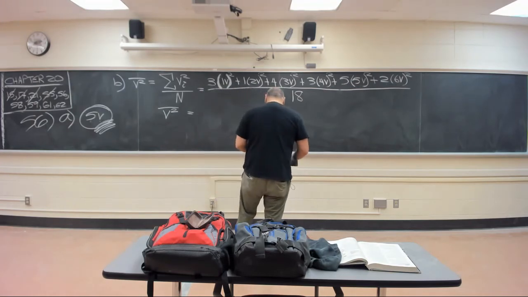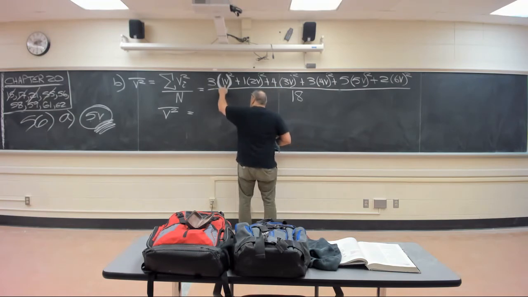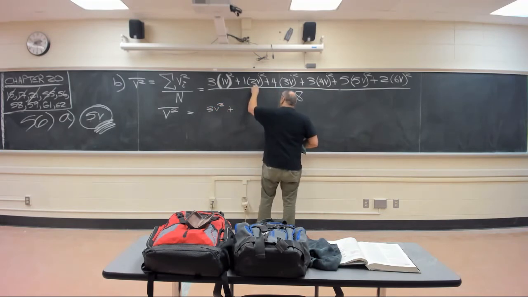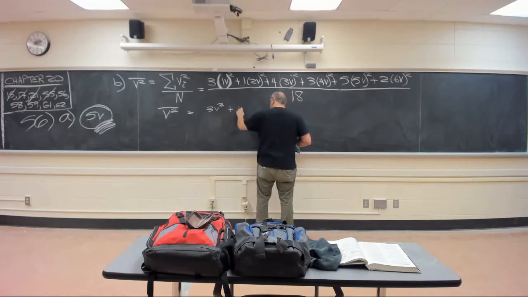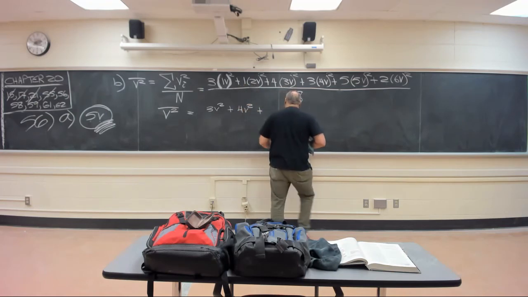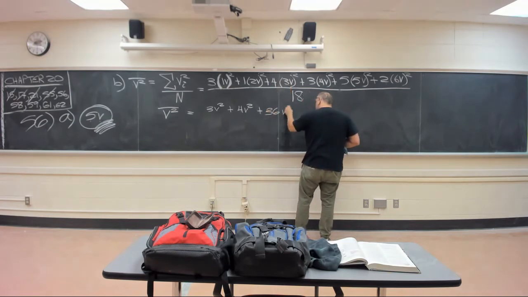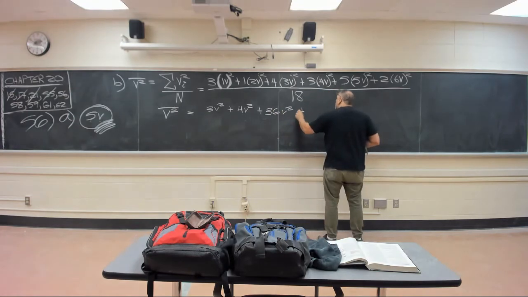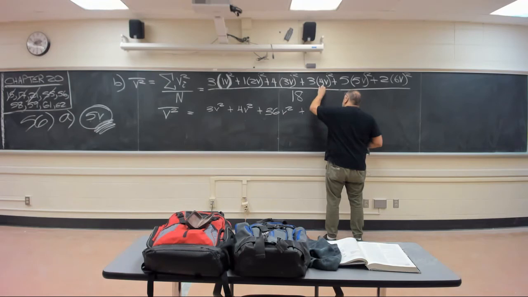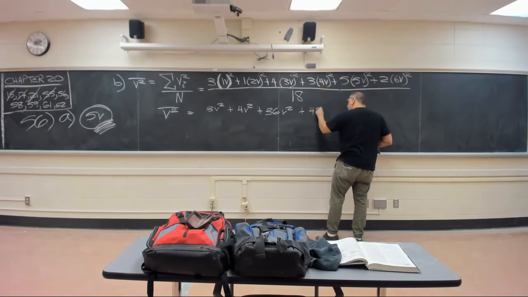If you actually do this, what you end up doing, this guy squared times 3 is 3v squared. This guy squared is 4v squared times 1 is 4v squared. This guy squared is 9v squared times 4. Okay, some significance there. 4v squared, the product, 4v squared is 16v squared times 3.